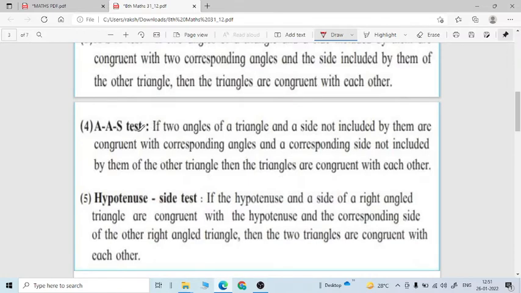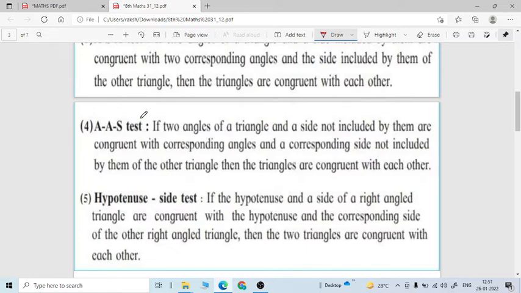Now the fourth property, that is the angle angle side test. In that they have told, if two angles of a triangle and one side not included by them are congruent with the corresponding angles and corresponding side not included by them of another triangle, then the triangles are congruent.